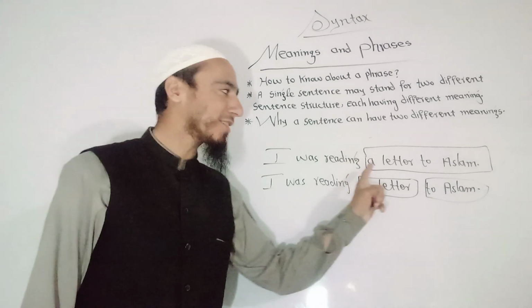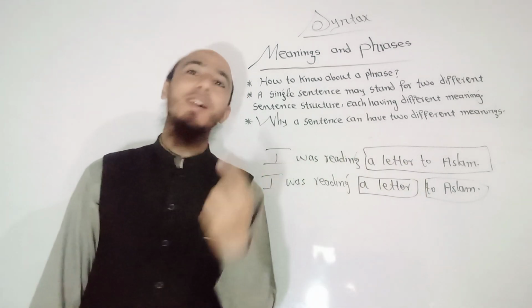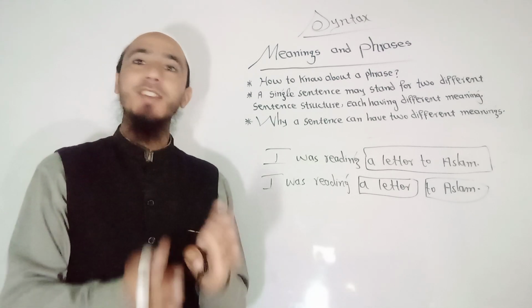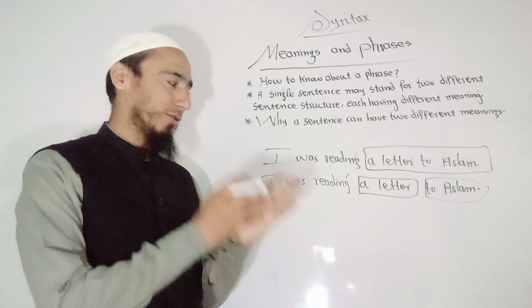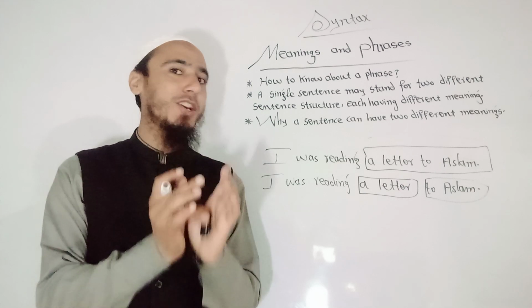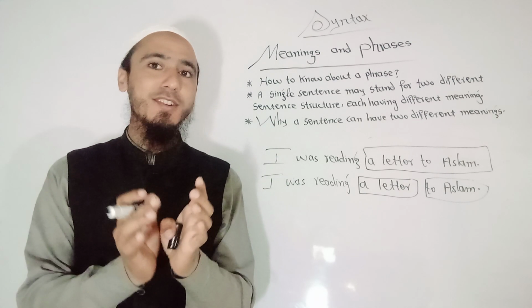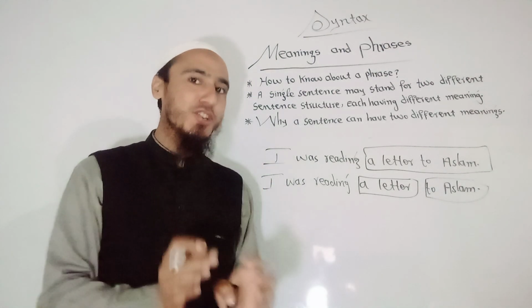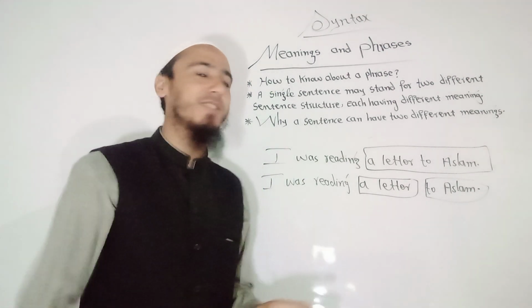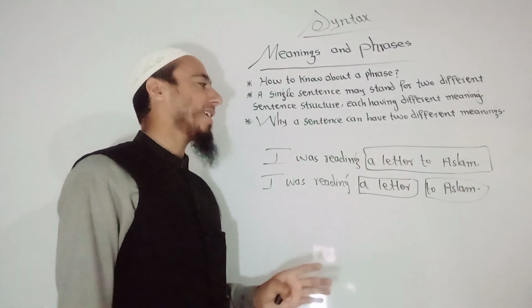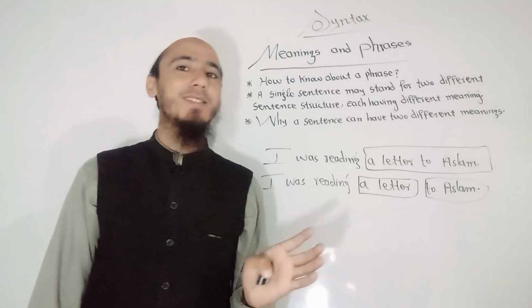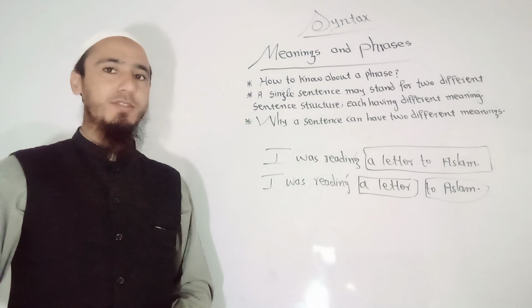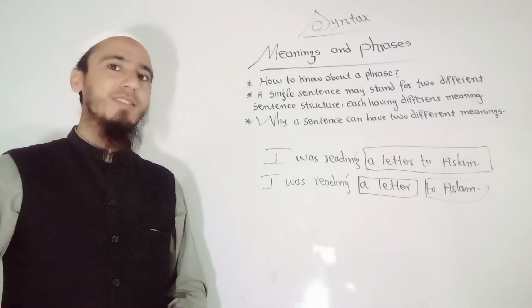In the first sentence, it has just one phrase, but in the next, I divided the first phrase into two portions. So due to the different structures and division, the constituents and grouping of phrases to each other, the sentence has two different meanings and two different structures. Hope that this topic is clear to you.